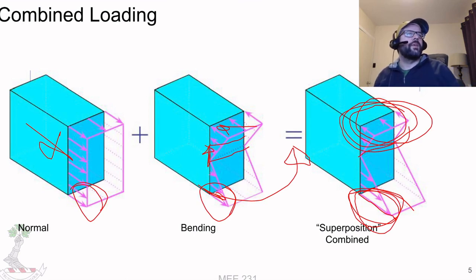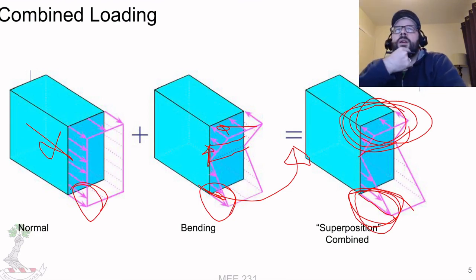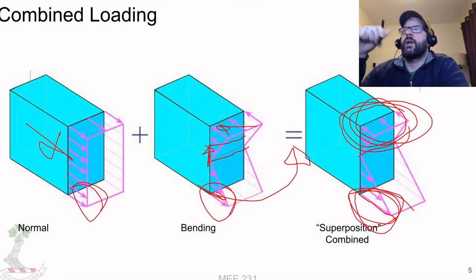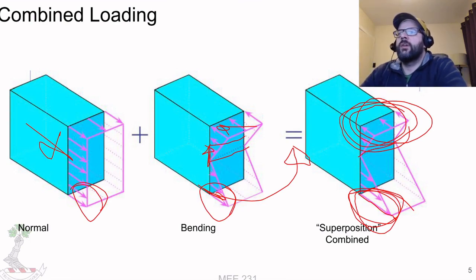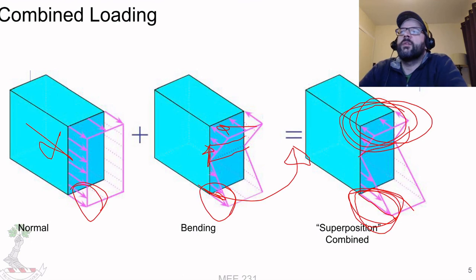So yeah, typically speaking, you tend to have bending stresses imposed at the same time as some sort of shear stress, because again, adding a shear stress is what causes bending moments as you move along. So basically, your bending moment is equal to the integral of the shear diagram.